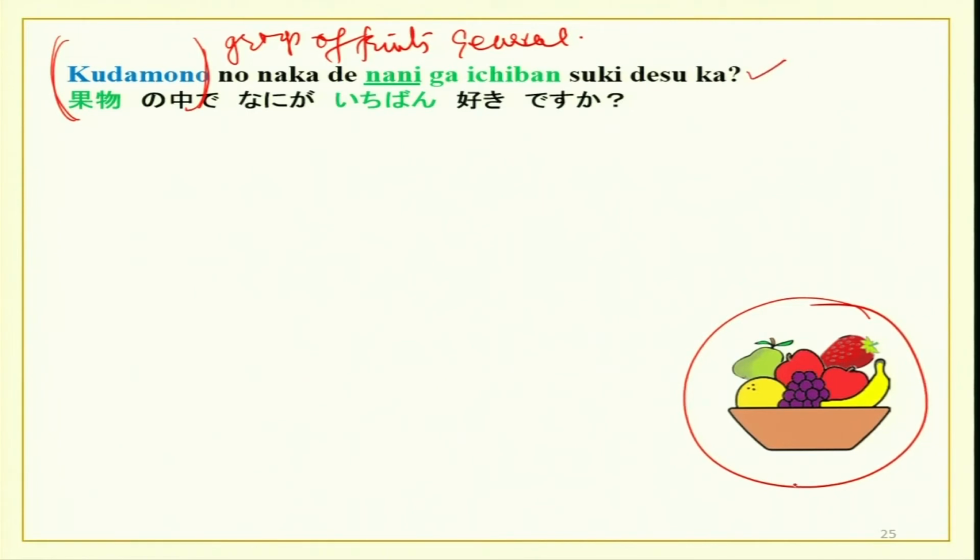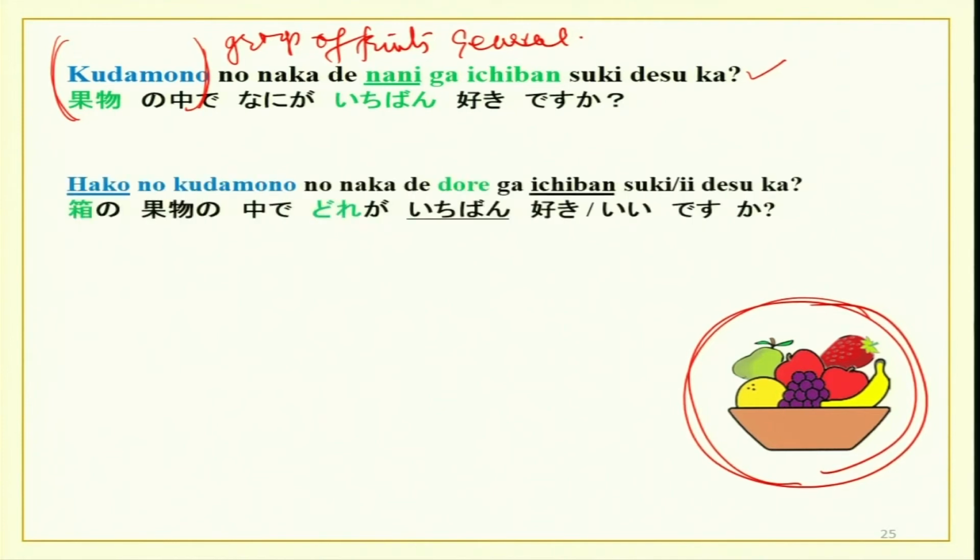Understood. But if we look at this, where some fruits are there in a basket, then hako no kudamono no naka de dore ga ichiban suki desu ka? So you are not talking about kudamono as a group, you are talking about kudamono which is kept over here in this bowl, or maybe kept in a box, or it could also be kept on a table, and whatever is seen on the table, dore ga ichiban suki desu ka?